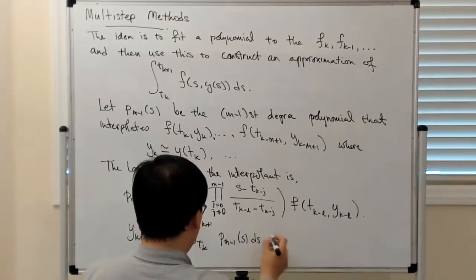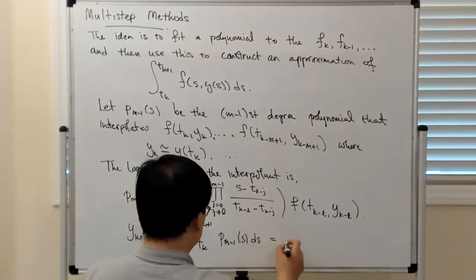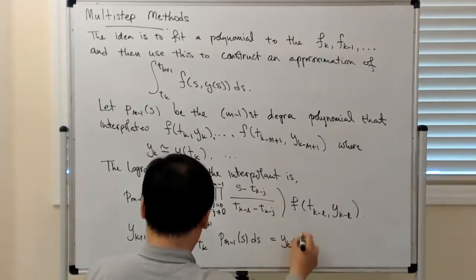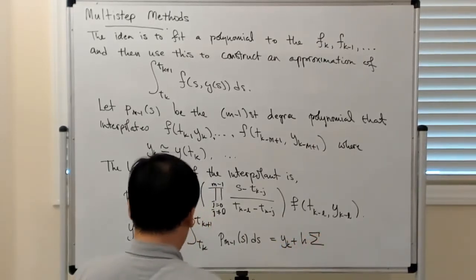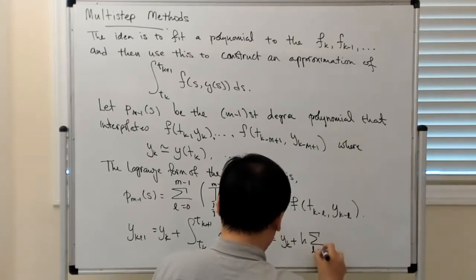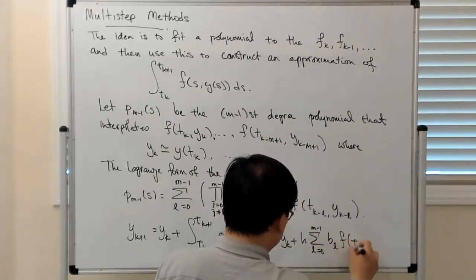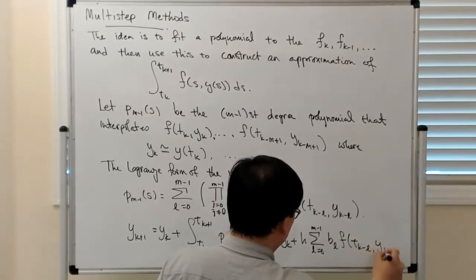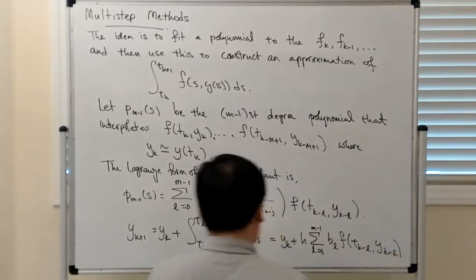Okay, so what's going to happen when the dust settles is that this is going to look like y_k plus h times the sum from l equals 0 to m minus 1 of b_l f(t_{k-l}, y_{k-l}). All right.